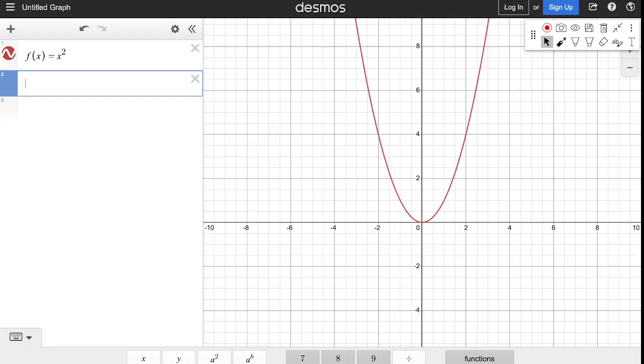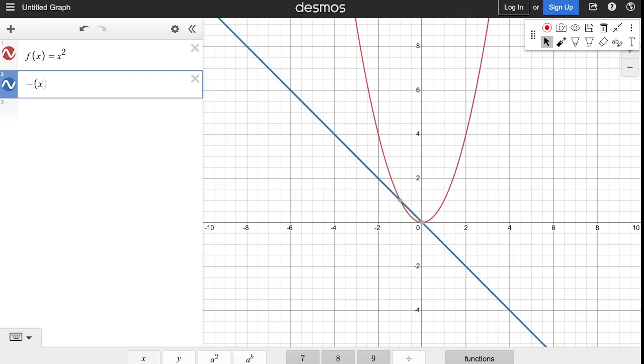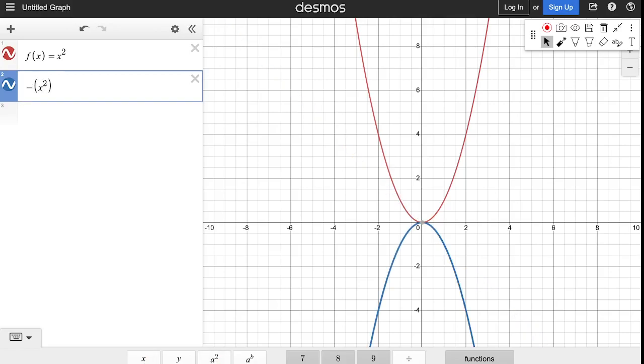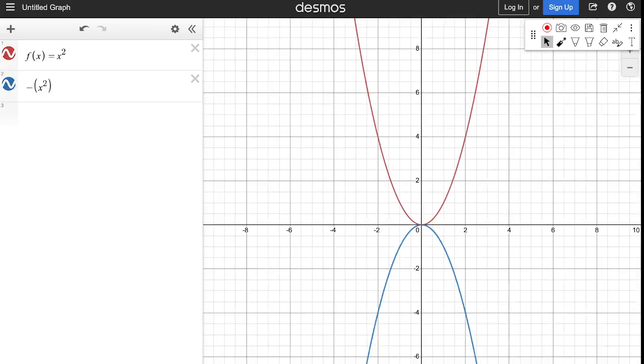let's just take our function. We'll put the negative on the outside. Actually, let's do it this way. So that's the negative. I could put a parentheses around x squared, and it would emphasize that it's on the outside, and we see exactly that's what's happening. I get this blue graph that has reflected, and what's happened is every y value, in this case, +4 has become -4 for the same x value, right?